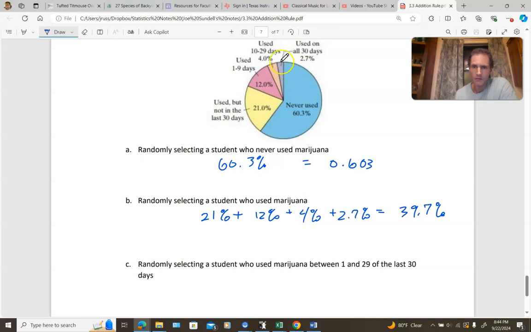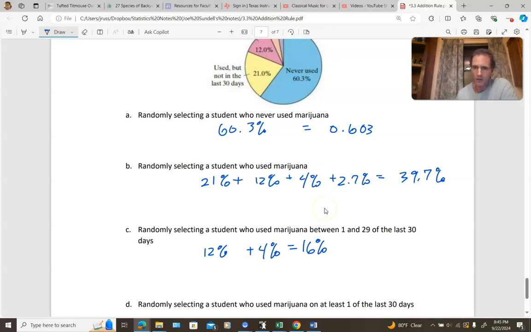And then we're not worried about this one. All right, so it's going to be 12% plus 4%. And this is going to be a total of 16%, or 0.16. Okay.